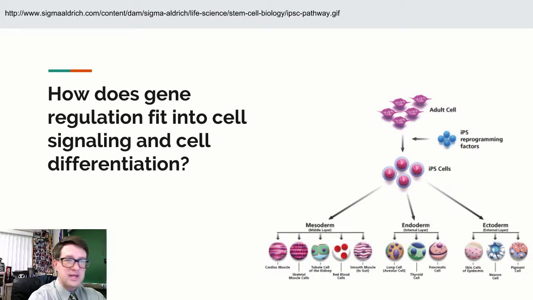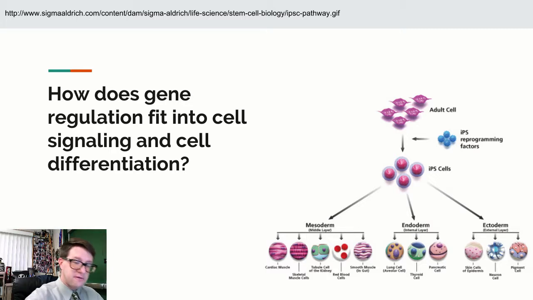That will result in different types of cells expressing genes differently, which will result in different types of chemicals being secreted, transcription factors, that will then turn on and off other cells, and as this multiplies, we get a cascade effect, ultimately leading to various types of cells.